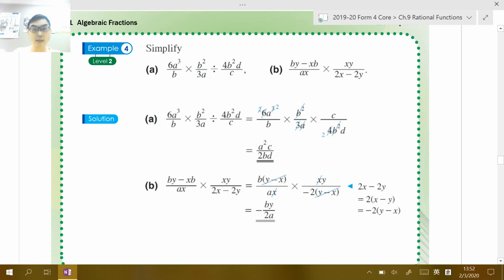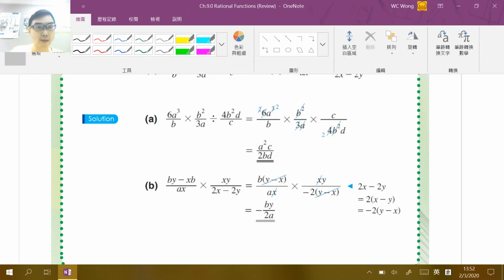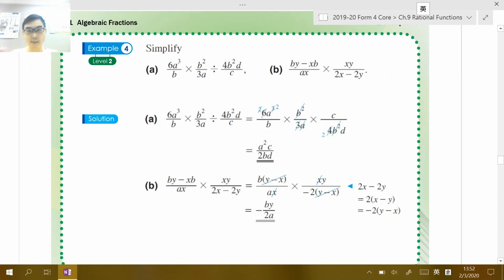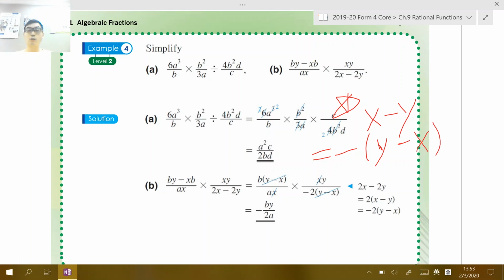But do remember that for algebraic fractions, or later we say the rational functions, because they are a similar thing, the most important thing is an important rule: if I have a term minus another term, for example x minus y, you should always keep in mind that this is exactly the same as negative (y minus x). That means that if I interchange the two terms from x minus y to y minus x, you have to put another sign in front and put the bracket.